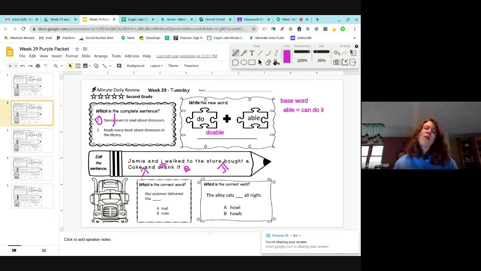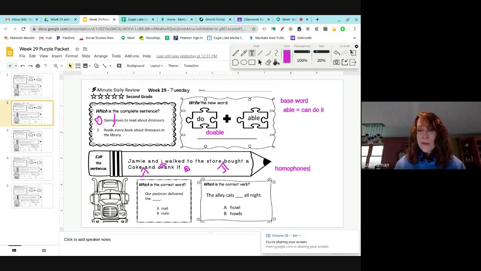Okay. All right. On to the bottom parts here. I know you would be able to read this saying, our postman delivered the mail. What we have worked on here are homophones. Homophones are words that sound exactly alike, but they have different spellings, and the different spelling is connected to a different meaning. So you have to pick the one spelled the way you mean.